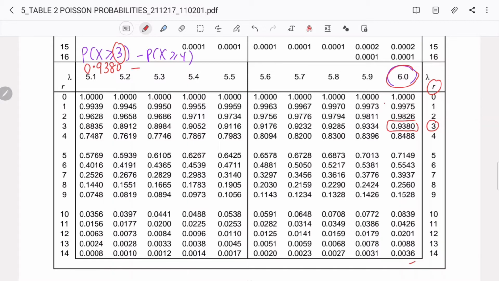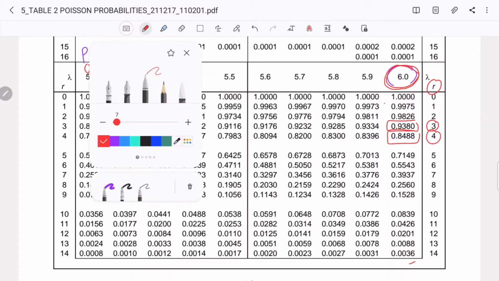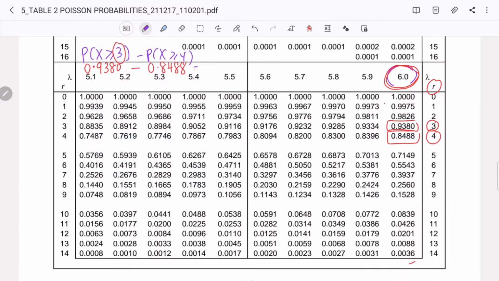Then we minus it with lambda equal to 6 and r equal to 4, which is 0.8488. When you subtract, we get the answer 0.0892.